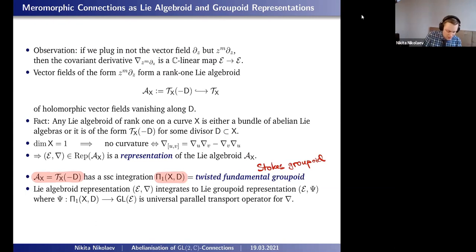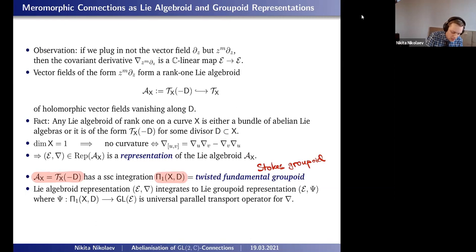Right, so the Lie algebroid integrates to this specific Lie groupoid, and then the Lie algebroid representation, which is my meromorphic connection, integrates to a Lie groupoid representation. This representation is basically just parallel transport of my connection, which, away from the singular locus, is completely obvious, but you need to be a little bit careful in the singular locus, because you need to take these parallel transports along these very specific limiting paths.